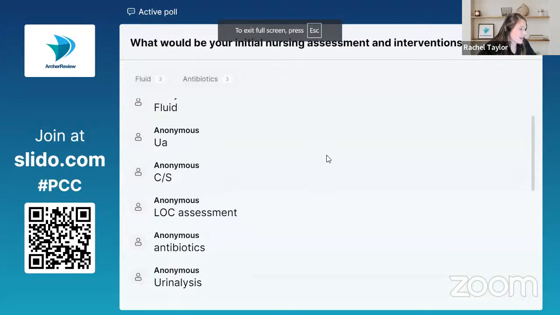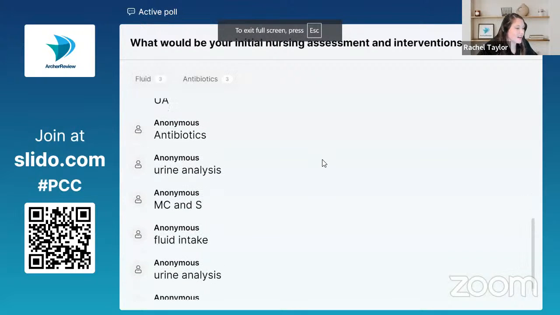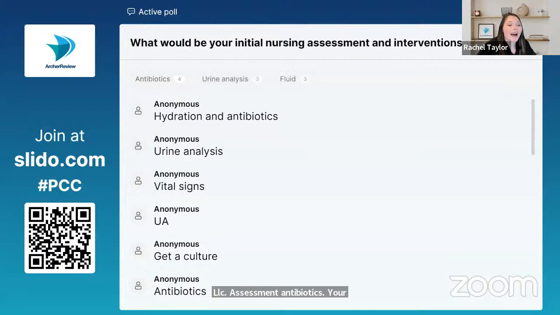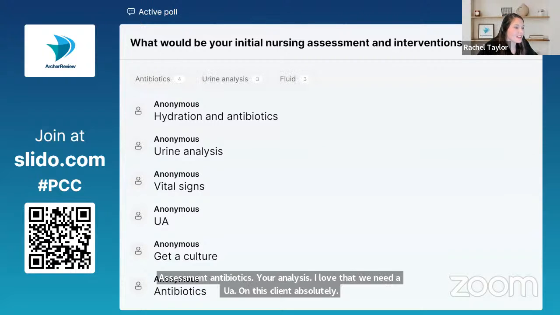LOC assessment, antibiotics, urinalysis. I love that. We need a UA on this client. Absolutely. We want to hydrate them. Definitely. You got it.